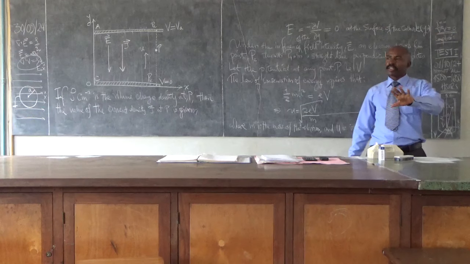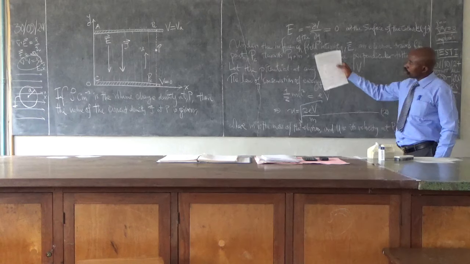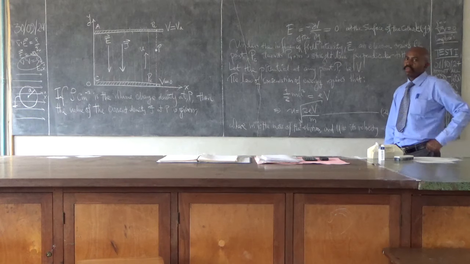If we have the speed of these electrons, we have the charge density. What would be the current density?